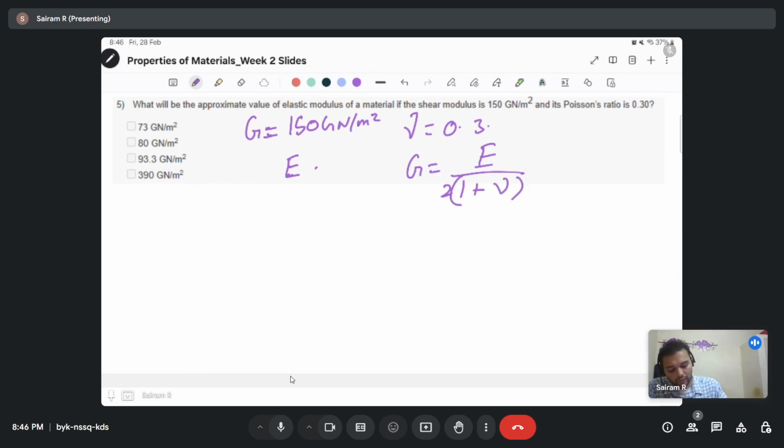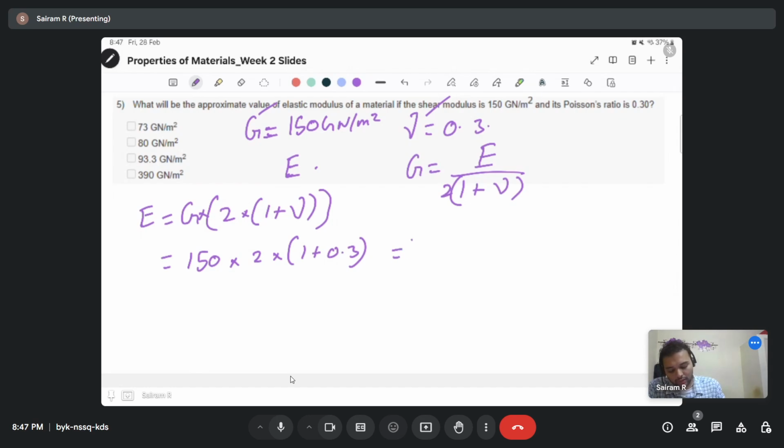We know the value of nu here and the value of G here, so we can substitute and try to find E. So E equals G into 2 into (1 plus nu), which is 150 into 2 into (1 plus 0.3), that is 1.3. We can change 150 into 2 as 300, into 1.3, which gives us 13 threes are 39, yeah, 390.